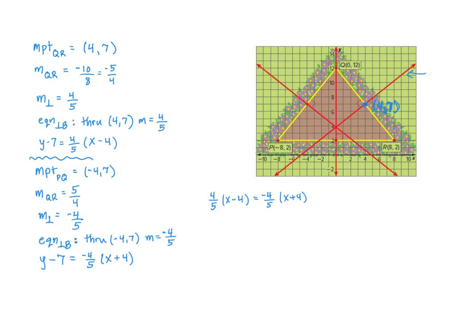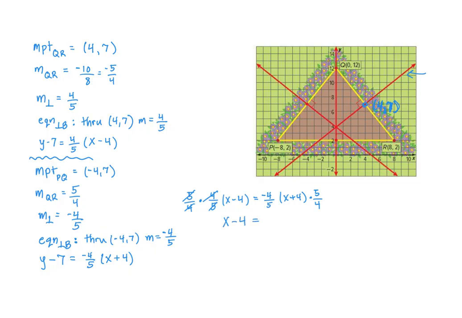Now, in order to get rid of all of my fractions here, let's go ahead and multiply both sides by the reciprocal of this 4/5, or 5/4. And then everything will cancel out over on the left-hand side. We'll just be left with x minus 4.